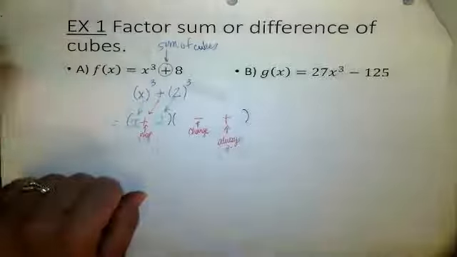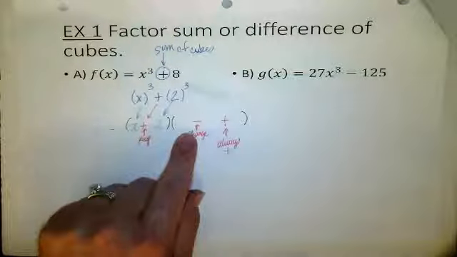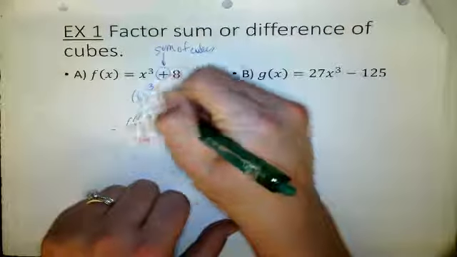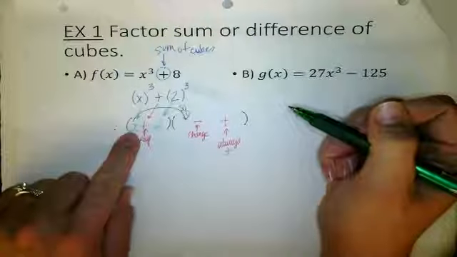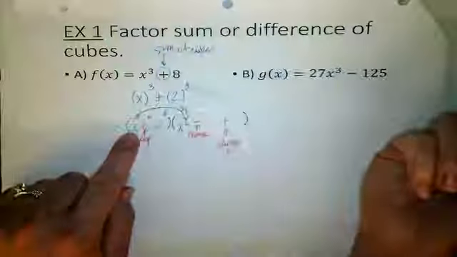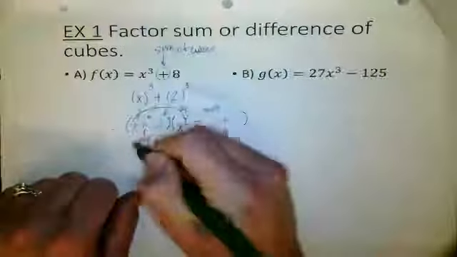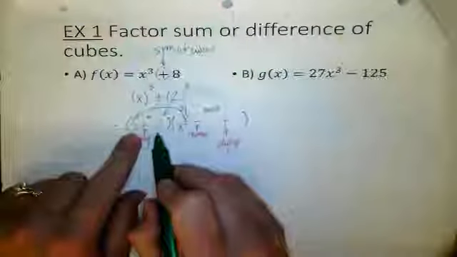All right. Now to fill in the big bubble is the pattern. The pattern is square the first thing. x squared is x squared. Multiply in the middle. We're going to multiply our two little bases together.